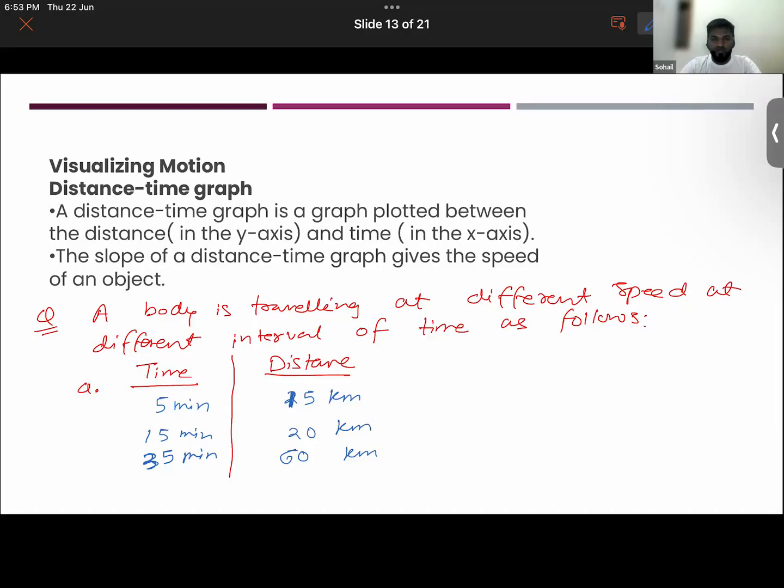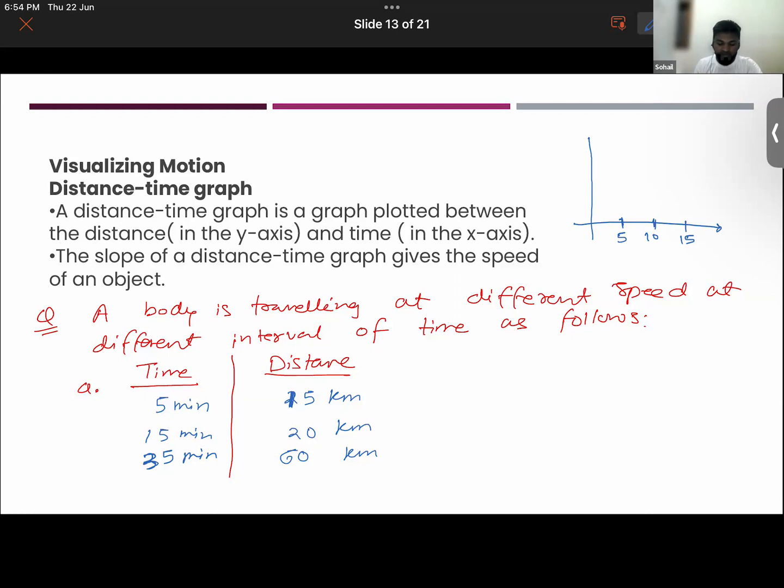After you draw this graph, I will tell you how to take the time and distance scale, like on the x-axis and y-axis. Talking about the time interval, like I take 5 minutes, 10 minutes, and 15 minutes, how do we decide what interval should be taken for different data?